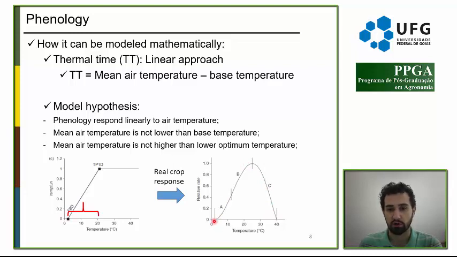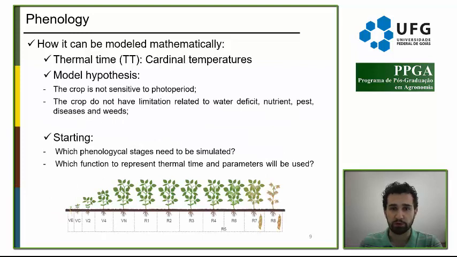What is the problem? It's too hard to get these specific parameters to build this curve. So we have some alternatives to simulate this response, but with fewer parameters required. So this approach, when you have more than one optimal or base temperature, we call the cardinal temperatures, where the model hypothesis is that the crop is not sensitive to photoperiod, because at this level we are not including the effect of the photoperiod.